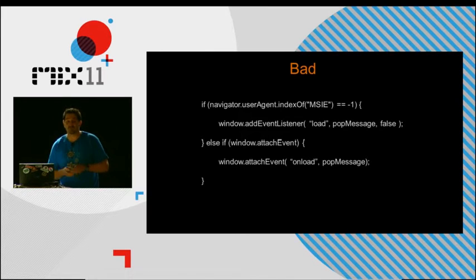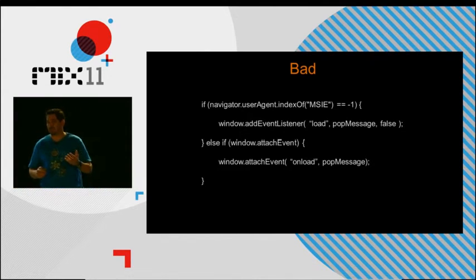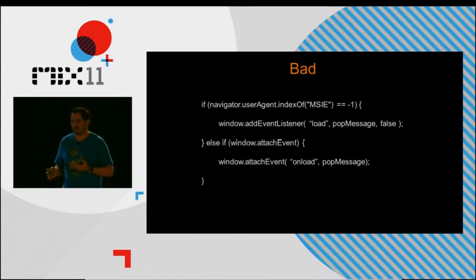But if not, it's going to default to attachEvent, which is the old style of binding an event in Microsoft Internet Explorer. Well, if you run this code in Internet Explorer 9, it's never going to use addEventListener, the newest version, and the W3C standard for event binding. It's always going to default to attachEvent.